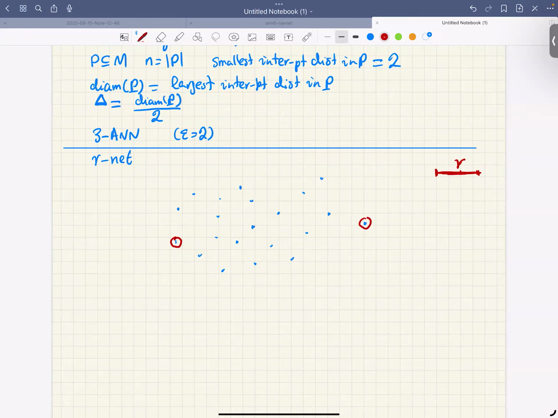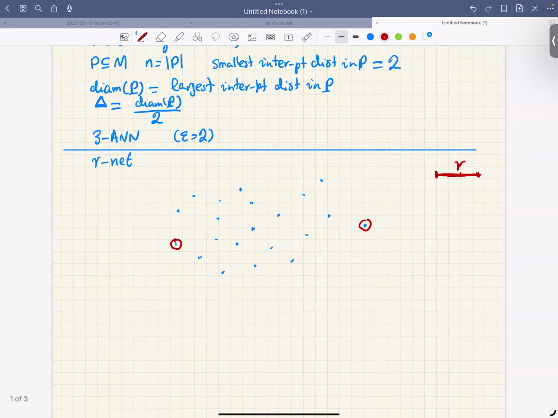Then you identify the next point with the largest distance. I think this would be the point. So this point has the largest distance so far. That's 3 points in the r-net already, and you continue doing this. I guess this will be the next one, and then the next one.